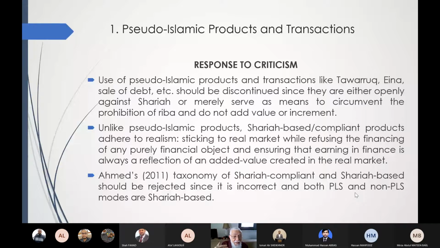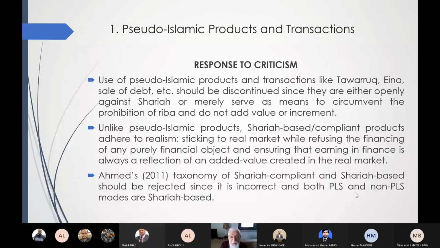Yes, you can say that loose Sharia governance led to Tawarruq and Ina, and to some transactions that are not really compliant with Sharia.